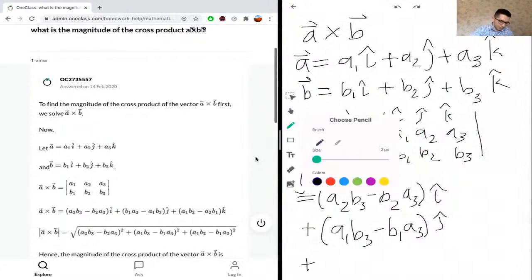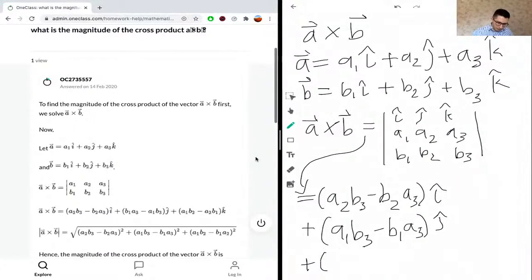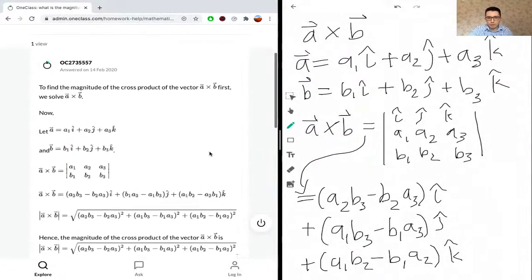I'll write that out: A1 times B2 minus B1 times A2. So now we've defined each component of the cross product in terms of A and B, the two vectors we're using to complete the cross product.